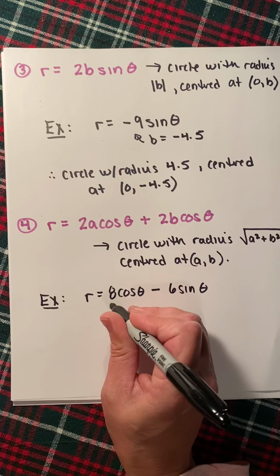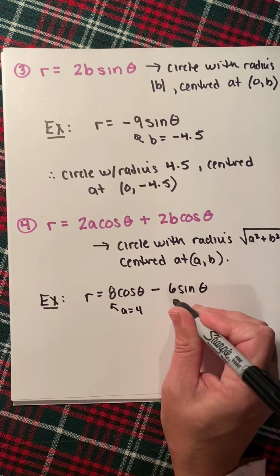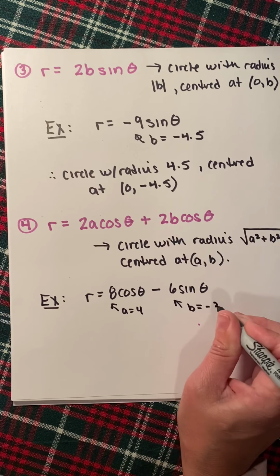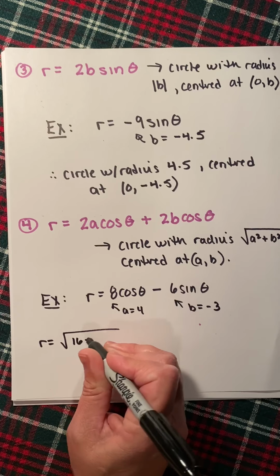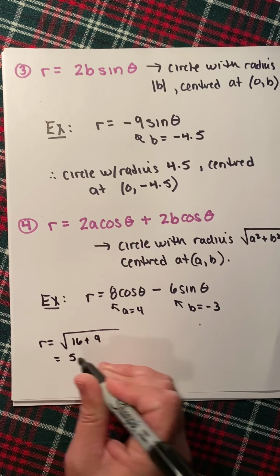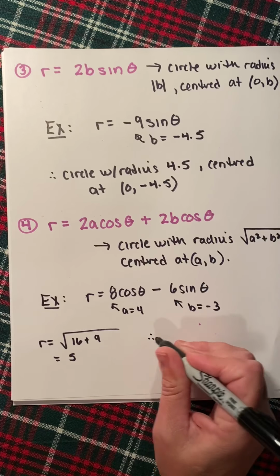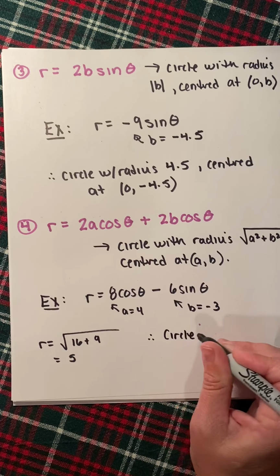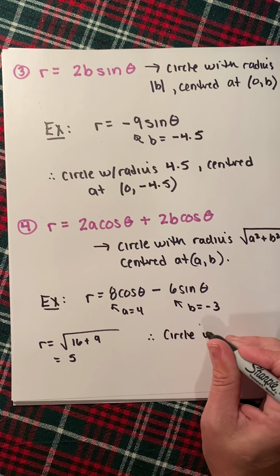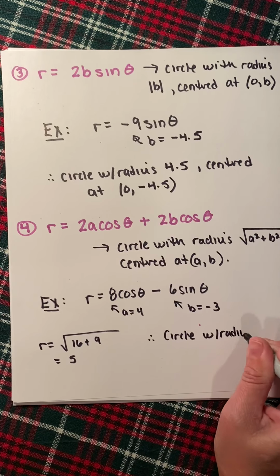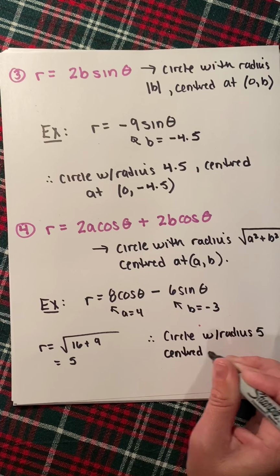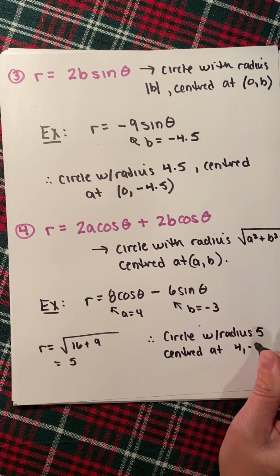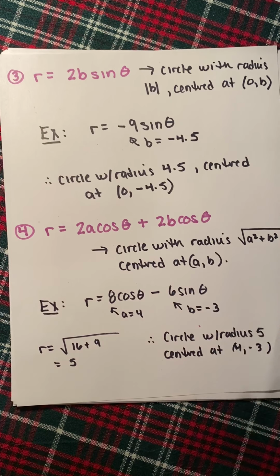Okay, so here a is 4, b is -3. So the radius is going to be the square root of 16 plus 9, which is 5, so therefore it's a circle with radius 5, centered at 4, -3.